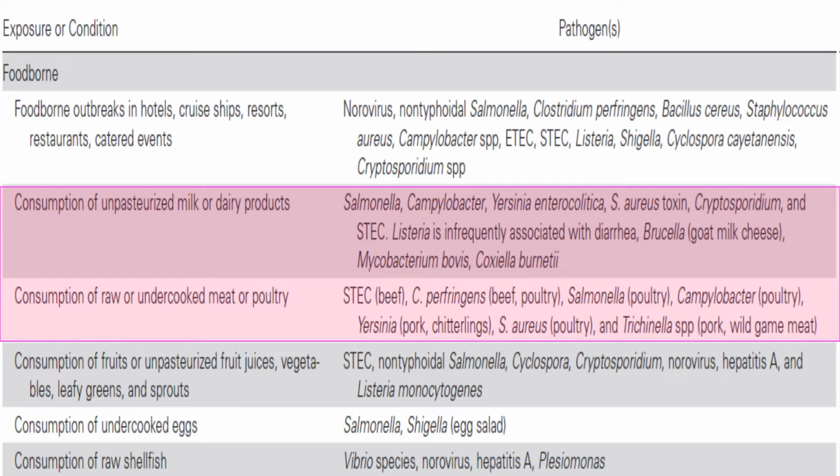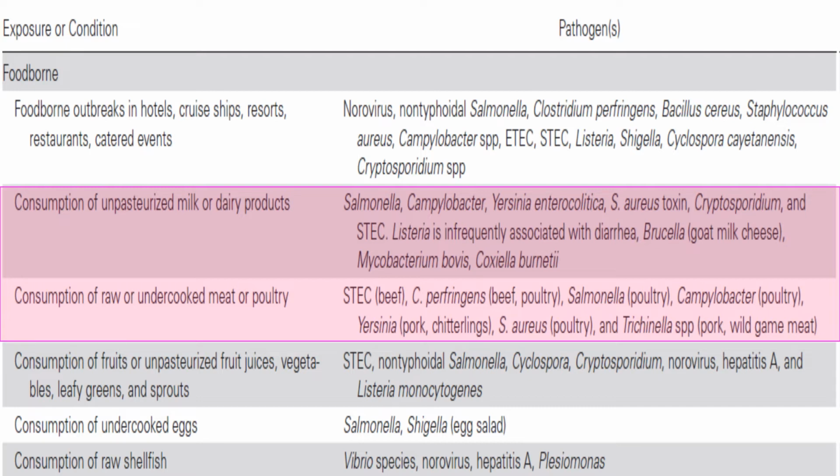The common setting is unpasteurized milk or dairy products. This may be Salmonella, Campylobacter, or Staphylococcus aureus toxin. This is some kind of enterotoxin, in Western-style food like mayonnaise and ham. About the consumption of undercooked meat or poultry, STEC means Shiga toxin-producing E. coli.